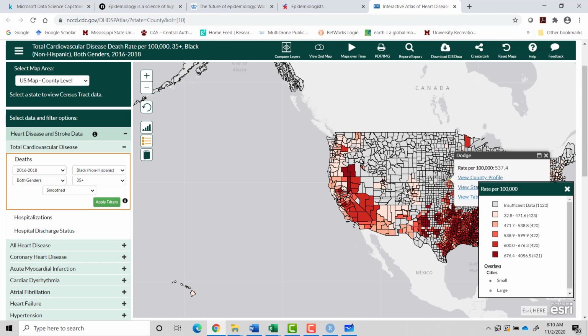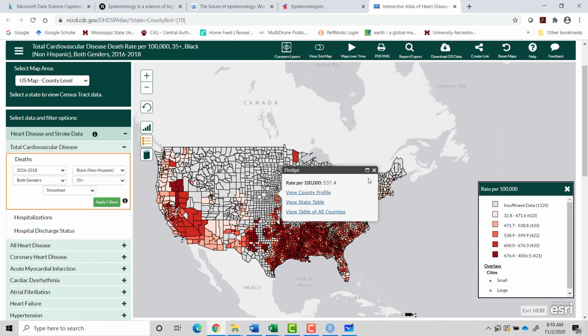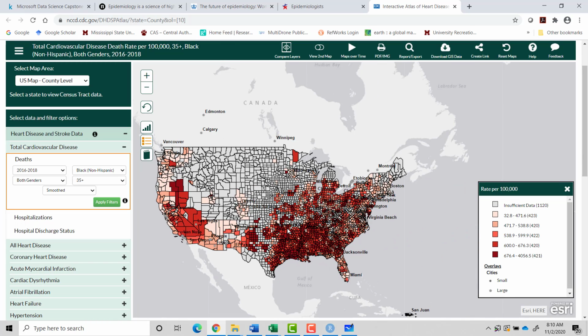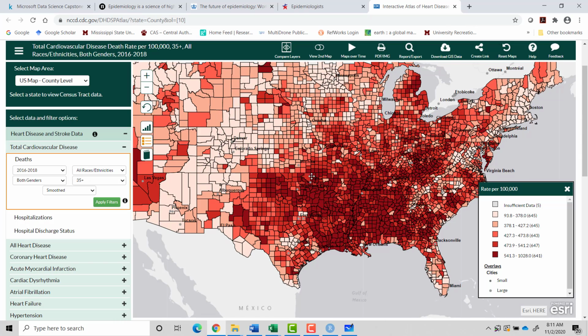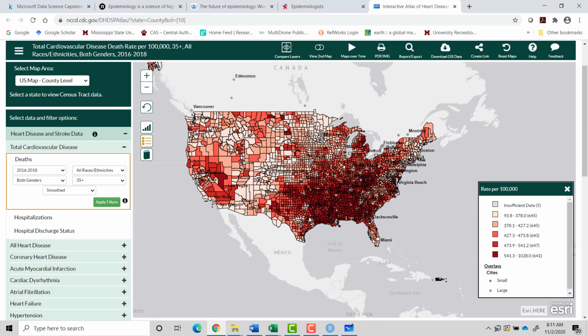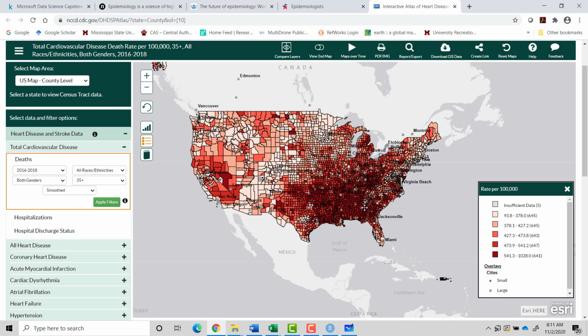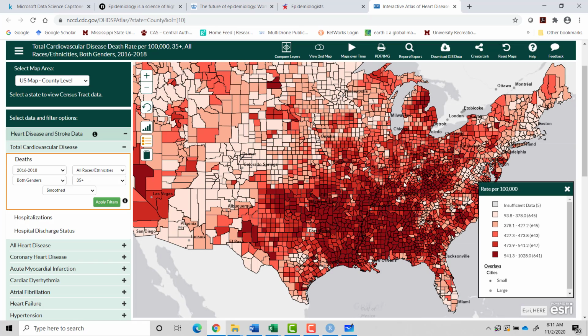So this is a map of the US, and this is the rate of heart disease. And you can see it's actually pretty regional. There's this pretty strong belt across the US where we have a high level of heart disease.